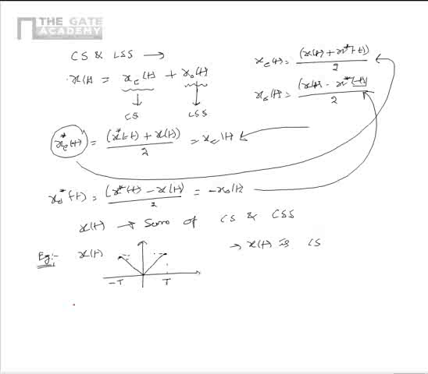We know that the signal x of t is conjugate symmetric if it satisfies the condition x star of minus t is equal to x of t. The given signal x of t is real, so x star of t is equal to x of t, and also from the given signal we can see that x star of minus t is equal to x of minus t is equal to x of t. So the signal x of t is conjugate symmetric.